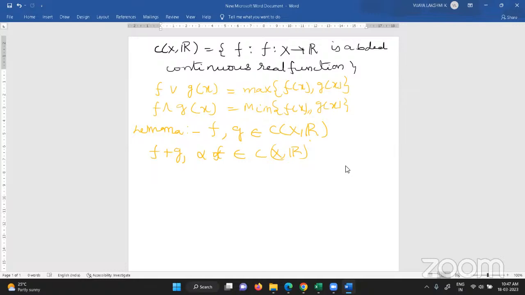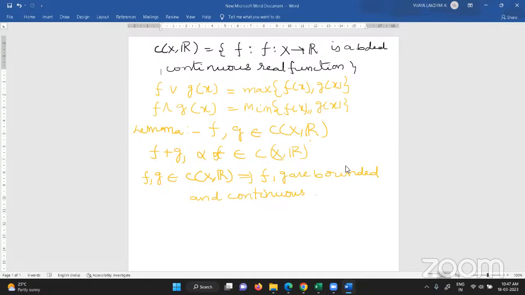Now suppose f comma g belongs to C(X,R). What do you mean by this? You know that f comma g are bounded and continuous functions. Now what do we have to prove?